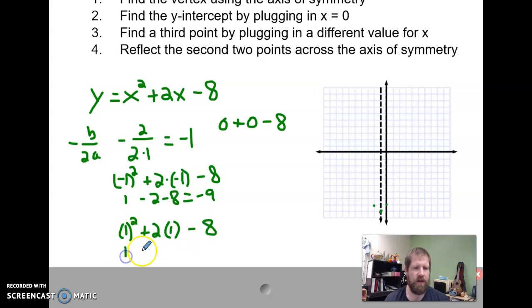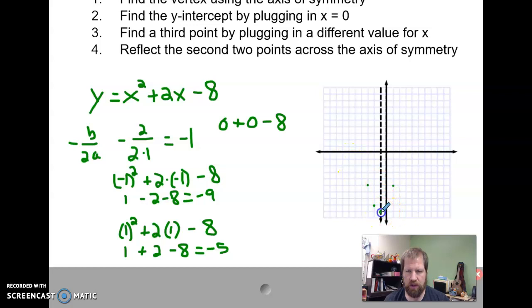And now I've got a positive 1 plus 2 minus 8, which should give me a negative 5. So negative 5 and 1, down 1, 2, 3, 4, 5. There's my third point. Over 2 to the axis of symmetry, reflect it, and now I've got my 5 points.